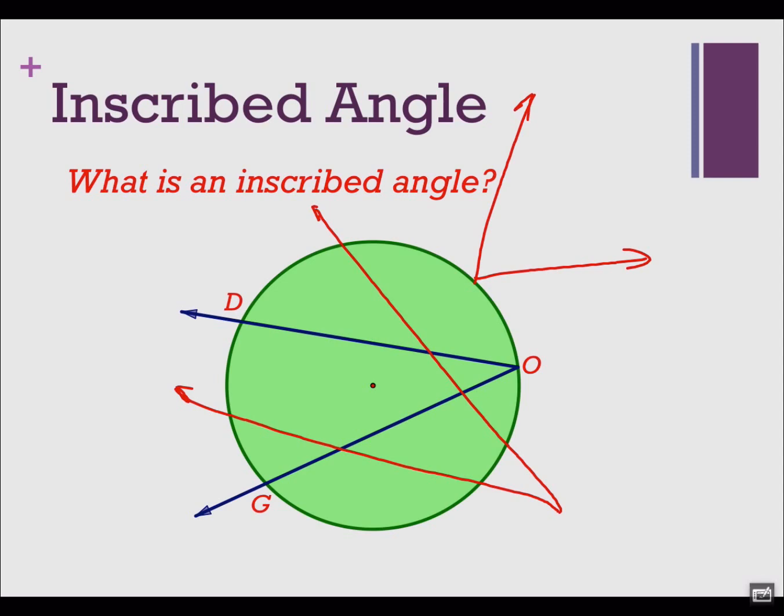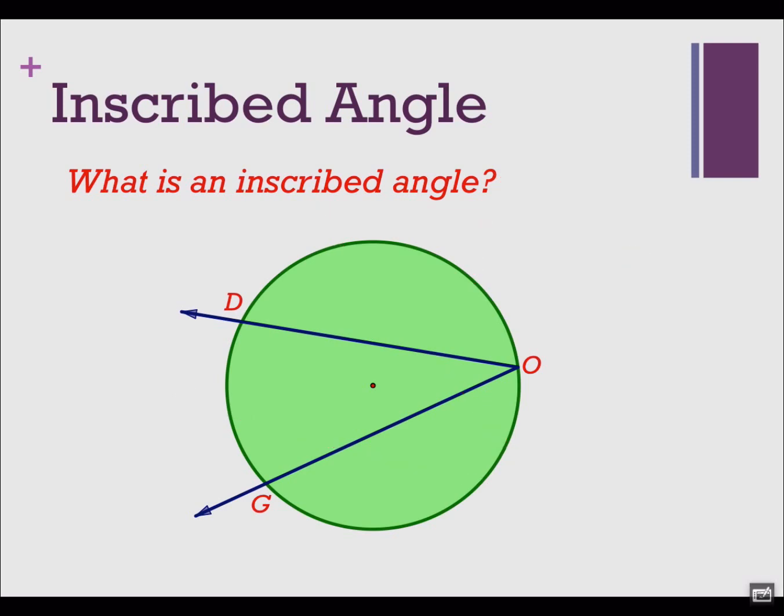So an angle made up of two chords that share a common endpoint on the circle. Beautiful. This has the vertex on the circle, we're good to go, except the sides of the angle are not chords. This one has the sides of the angles being chords, but the vertex is not on the circle. You put those two together, and you get an inscribed angle. The vertex is on the circle, the sides of the angle are chords.